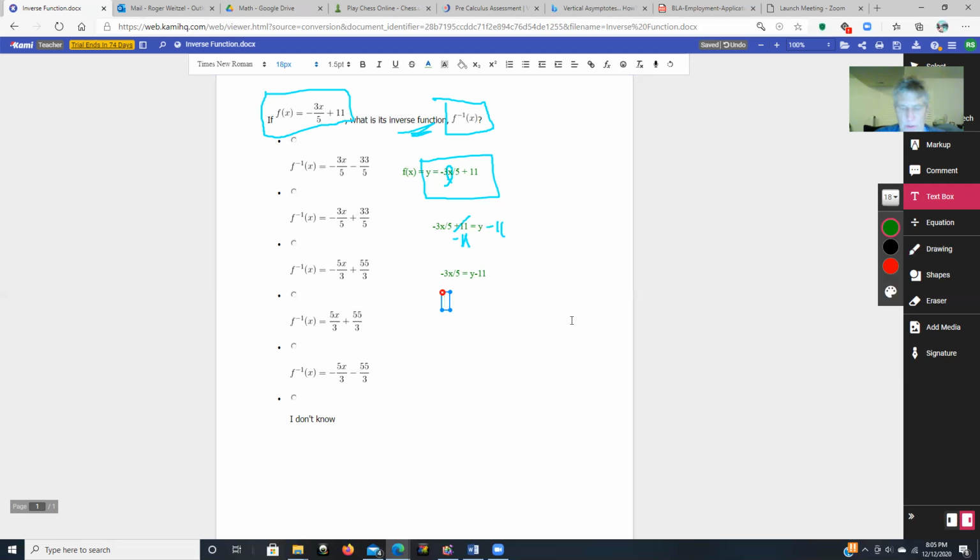So we're going to multiply both sides by, oh, we got too many, what we want to multiply by is 5 divided by 3.